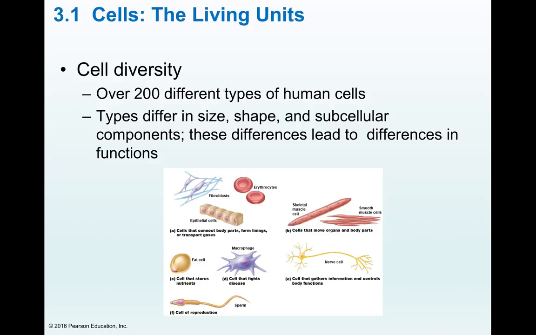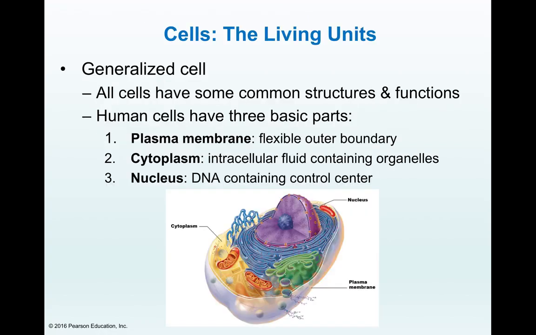These include your red blood cells, referred to as erythrocytes, the two different types of muscle cells, such as smooth and skeletal muscle cells, cells that are involved in creating electrical impulses, such as your nerve cells, cells storing fat, which we refer to as adipose or basically fat cells, immune cells such as macrophages, and cells of the reproductive system such as a sperm. By just looking at these cells, you can see the differences that exist based on their shape and size.